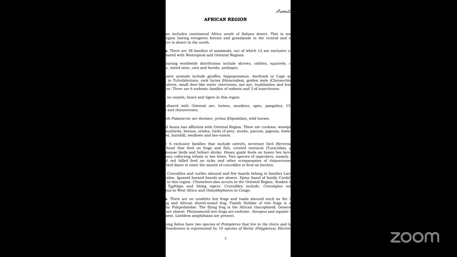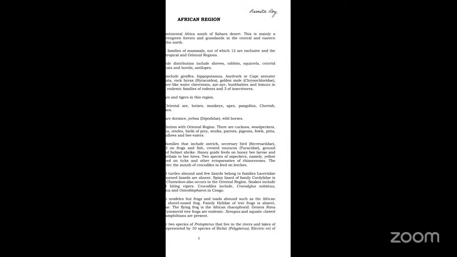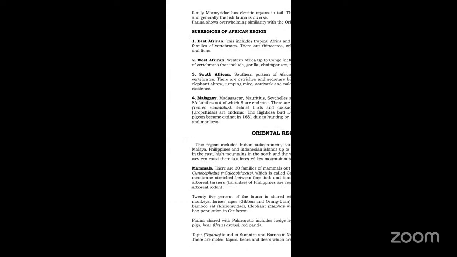Then you have the electric eel, which is present particularly in this region. Then you have catfishes, carps, Clarias, and Characins, and generally the fish fauna is diverse. You find a number of fishes, so that's why we can say that the fish fauna you find in this particular region is diverse.